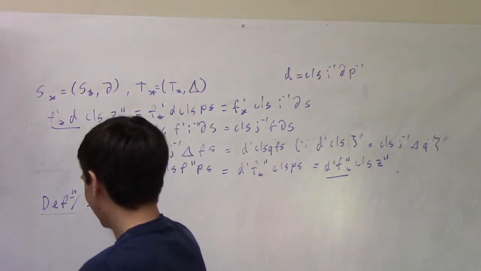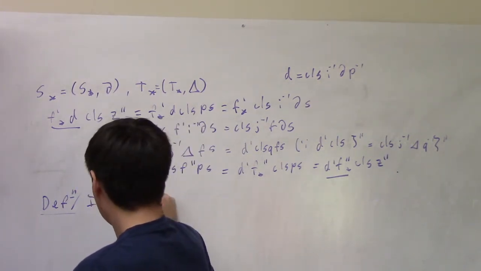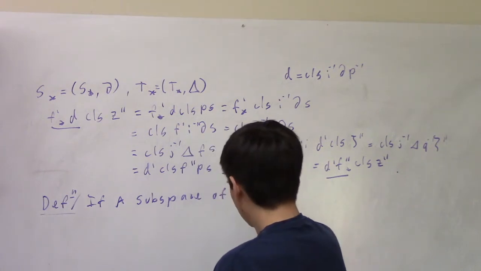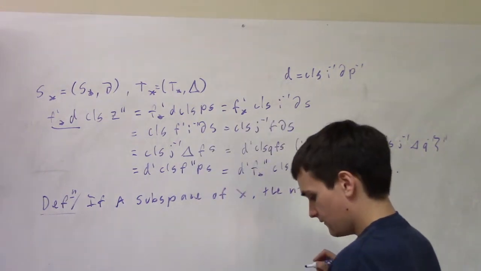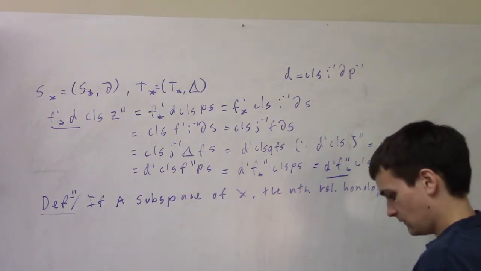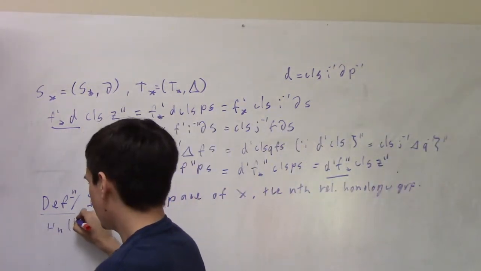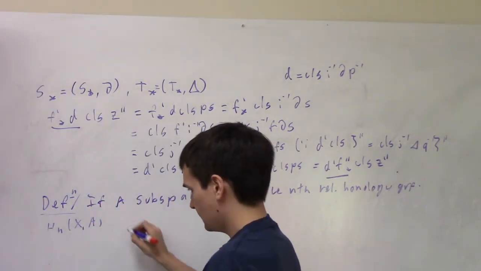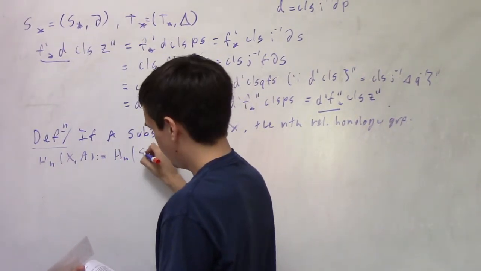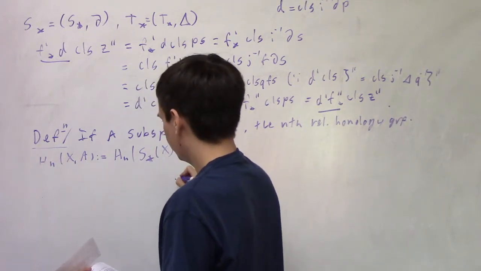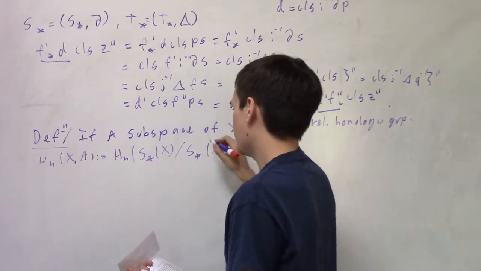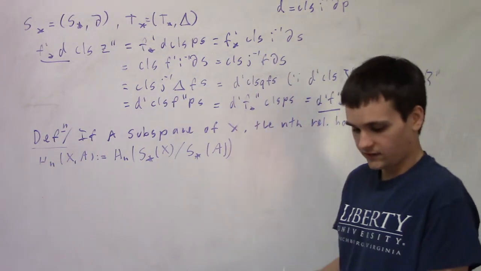All right. So if A is a subspace of X, then we define the nth relative homology group, which we denote Hn of X, A, to be the nth homology group of the quotient complex of the singular complex of X, quotient singular complex of A. So this is like what I was saying last time, where we use the quotient complex.